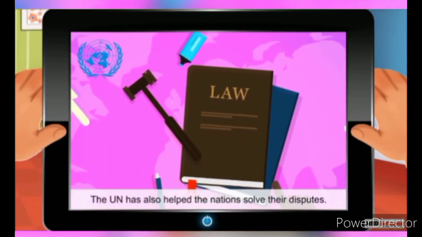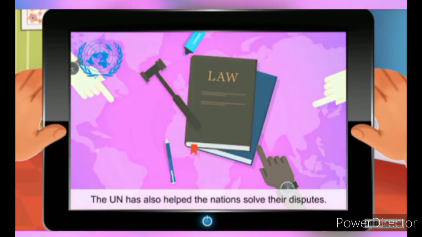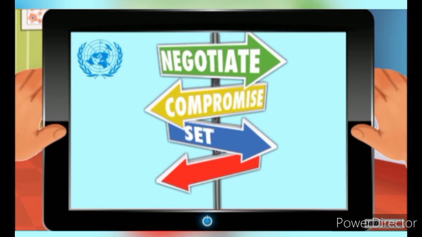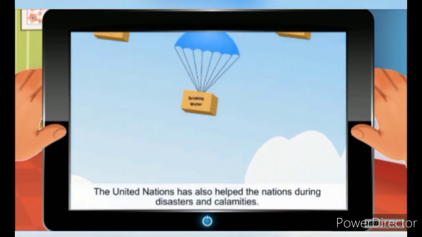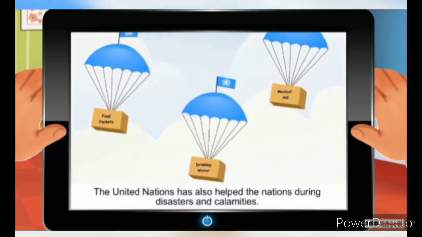The UN has also helped the nations solve their disputes. Although it could not resolve all the conflicts, in most cases, it has helped in preventing major wars between the nations. It has also helped the nations during disasters and calamities.